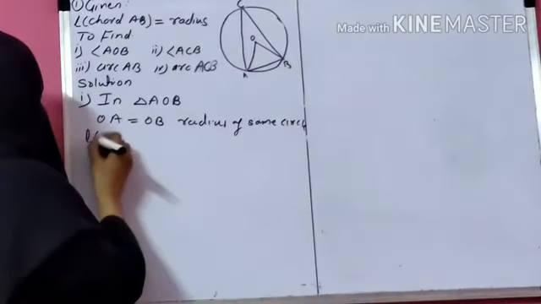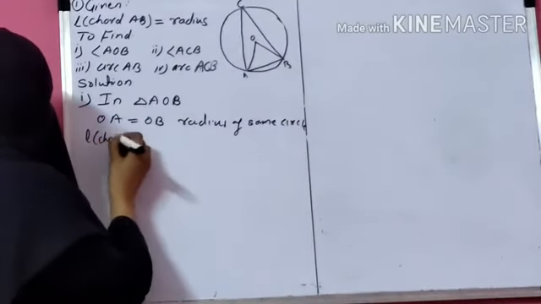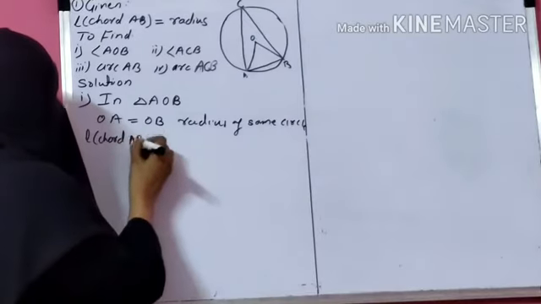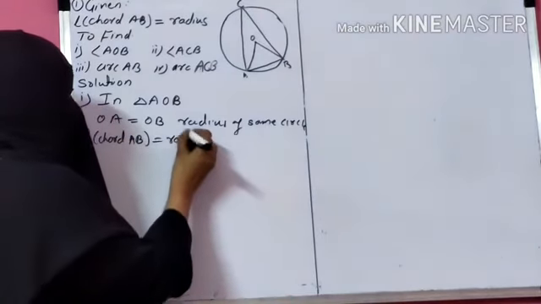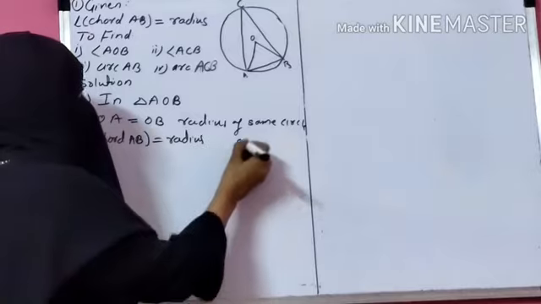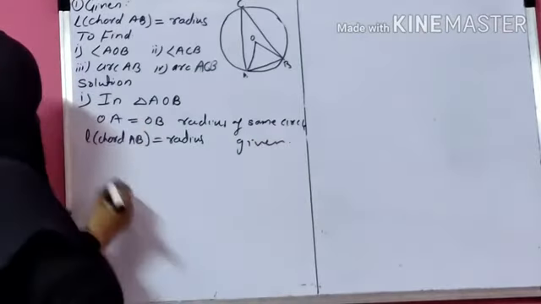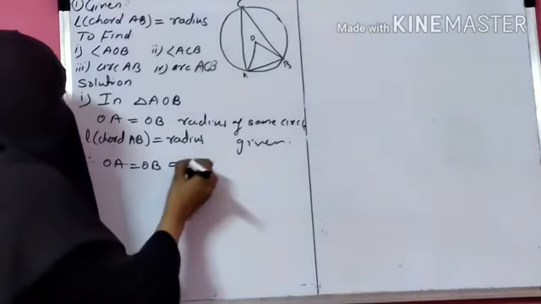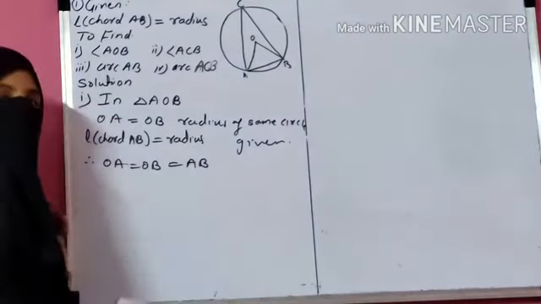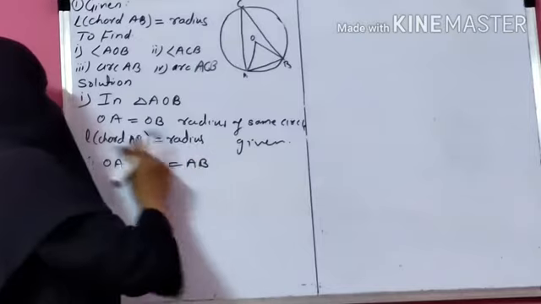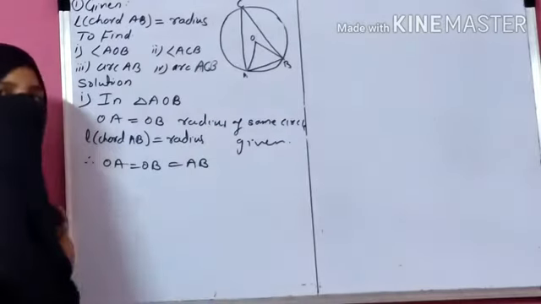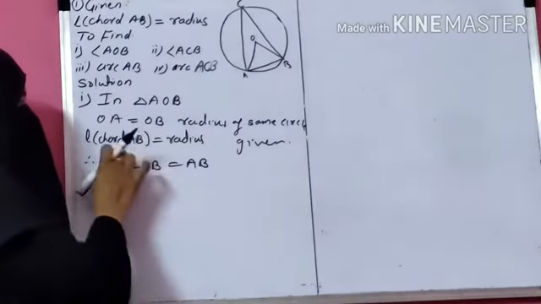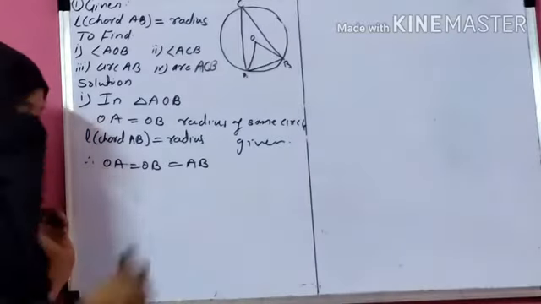And the length of chord AB is equal to the radius, it's given. Therefore OA is equal to OB is equal to AB. Here the length of chord AB is equal to the radius, and OA and OB are the radius of the same circle, so therefore OA, OB, AB are equal.